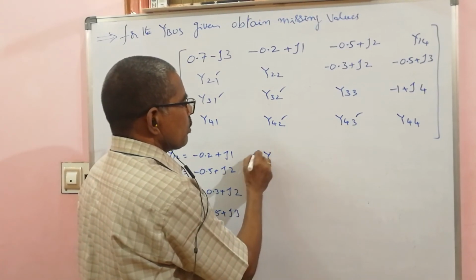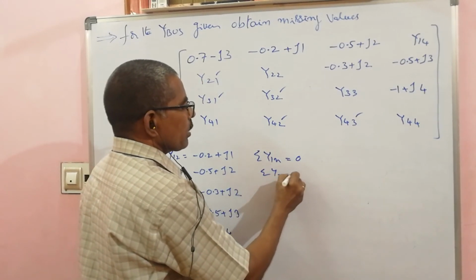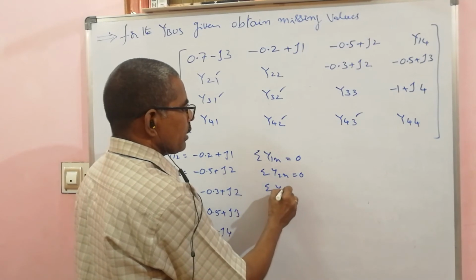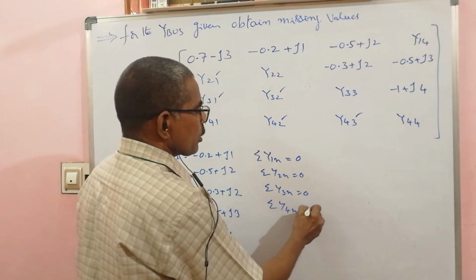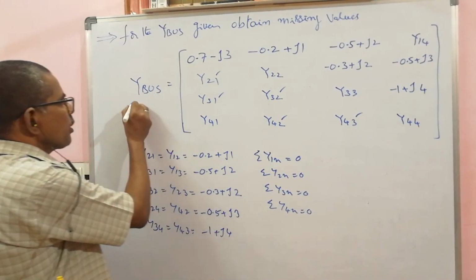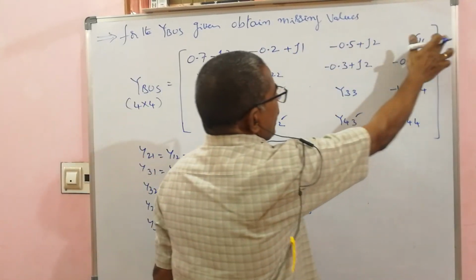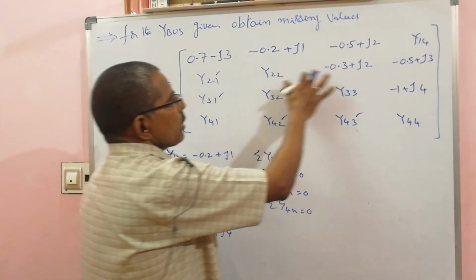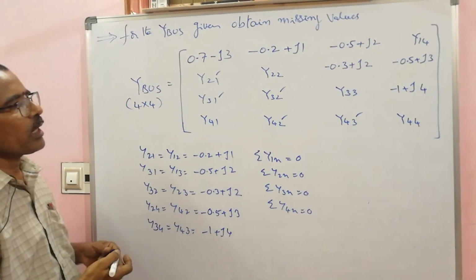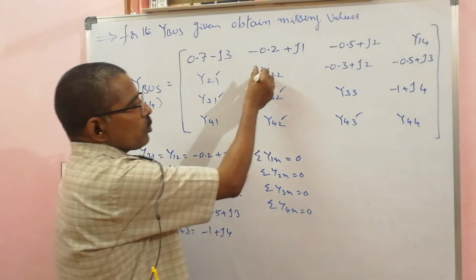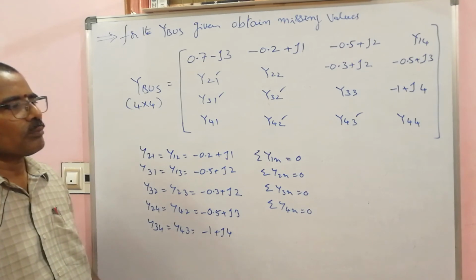Sigma Y1n should be 0. Likewise sigma Y2n is to be 0. Sigma Y3n is to be 0. Sigma Y4n is to be 0. For this problem, it's a 4 by 4 Y bus. So row wise if you add up, you should get 0. Likewise here also, here also. With which you can calculate Y22, Y33 and also Y44. So please do that.